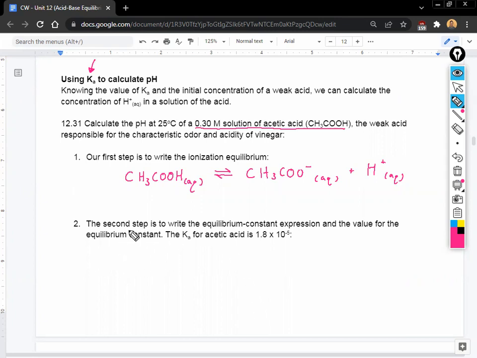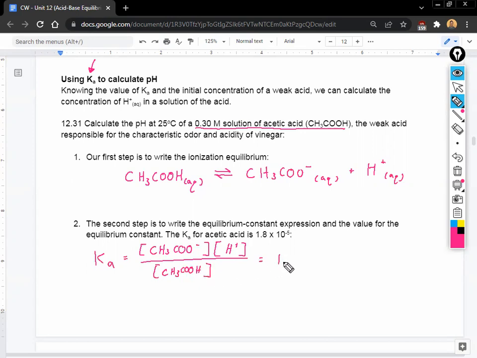Okay. All right. So the second step you want to do is use the equilibrium constant expression and the value for the equilibrium constant. So that just means write the Ka formula. The Ka formula is the products, CH3COO minus, concentration of H plus, divided by the concentration of the weak acid.